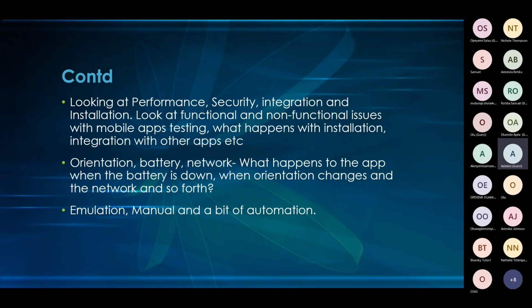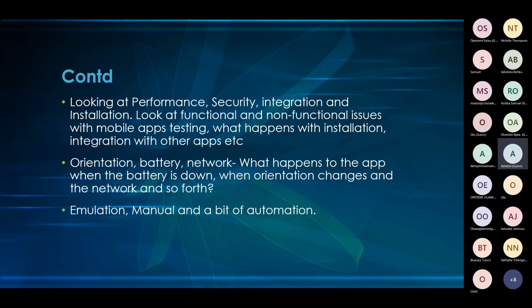Also, we look at the orientation, the battery, the network. What happens to the app when the battery is down is very important. We need to look at it as well. When orientation changes from landscape to portrait, how does it appear? Is it that when the user sets it to portrait, part of the features or part of the UI is cut off or something like that?